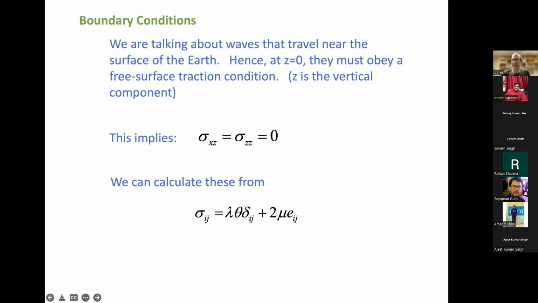And I'm just stating that. We haven't shown that, but that just comes from applying boundary conditions to the elastic medium free surface interface. We can calculate these from our isotropic relationship between stress and strain.